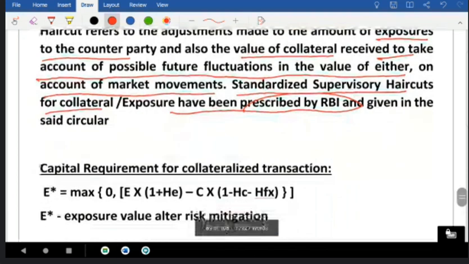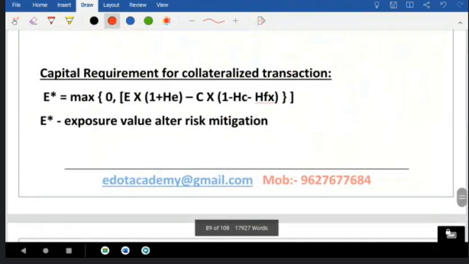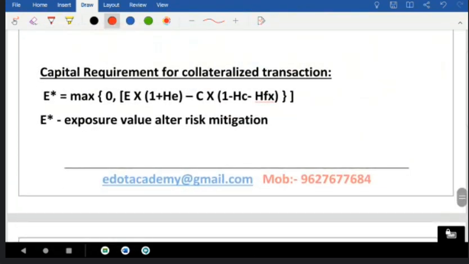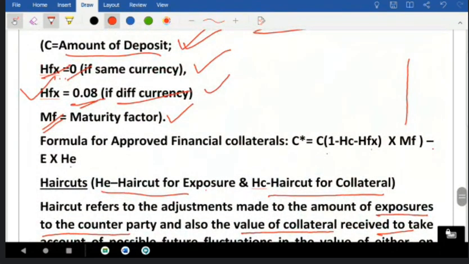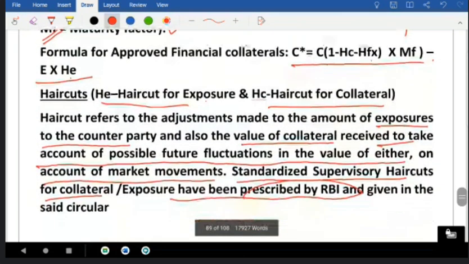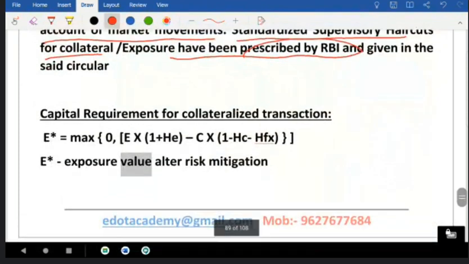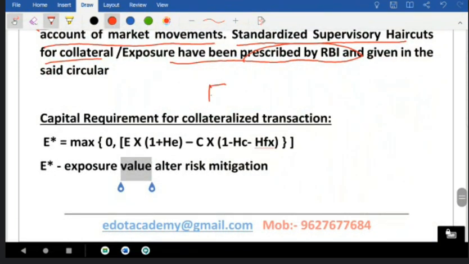Okay, and when you reduce the value, whatever you get as the haircut, from E you have to subtract whatever value you get, that is C star, because this is a reduction. So I will write here E minus C star.